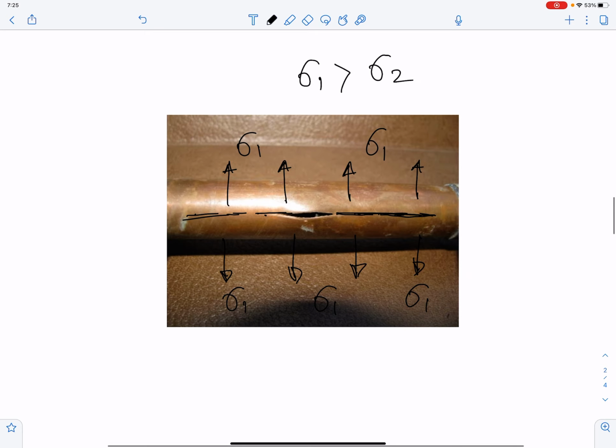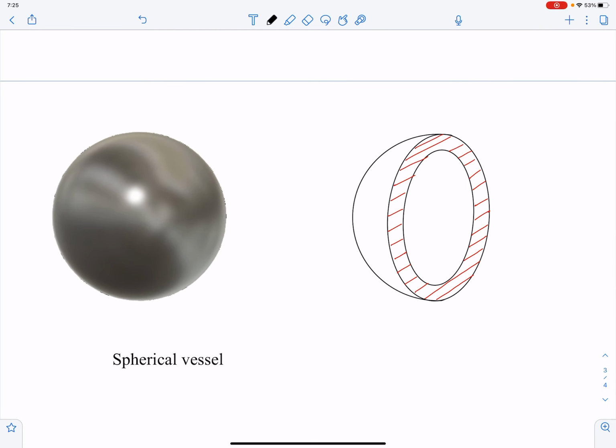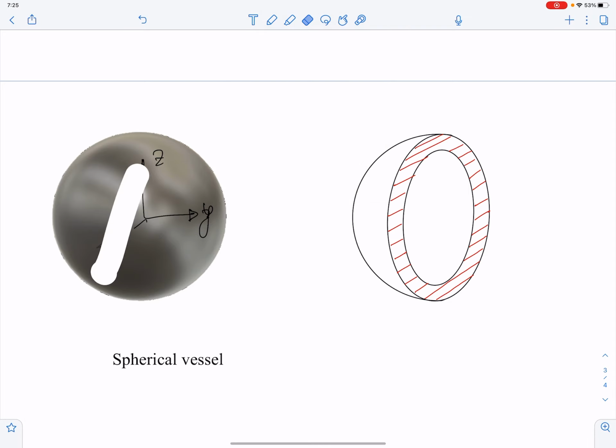Now let's take a look at the other pressure vessel, which is the spherical pressure vessel. For this spherical pressure vessel, if we consider this is y direction, this is z direction, and this is the x direction, no matter which direction we take the cross section, the stress would be the same, right?